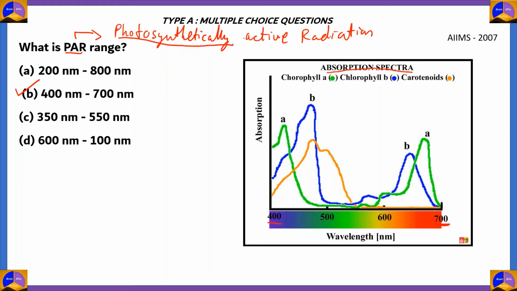So it is present in photosynthesis, and photosynthesis means synthesis of food from light, and the wavelength of light is 400 to 700 nanometers. But by showing this, we have given conclusive proof in order to find out the correct range for photosynthetically active radiation. So option B is the right option.